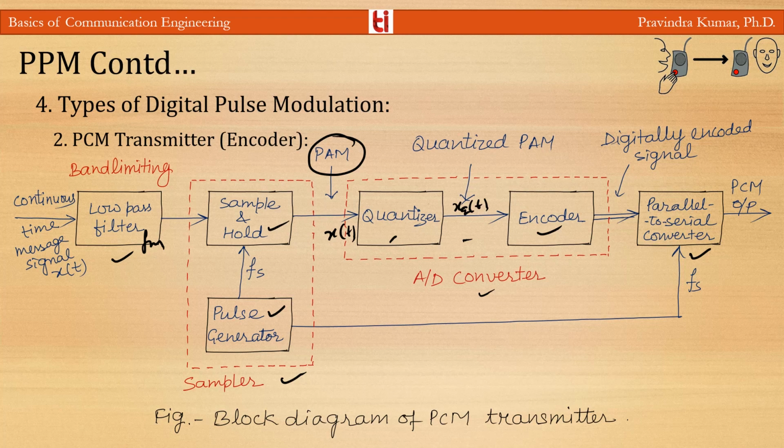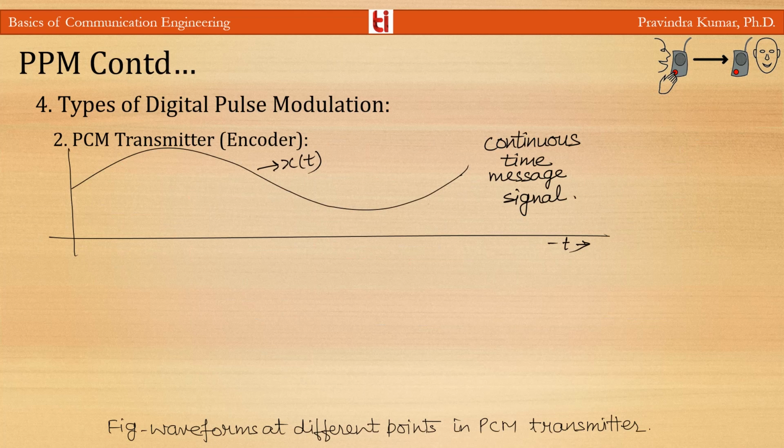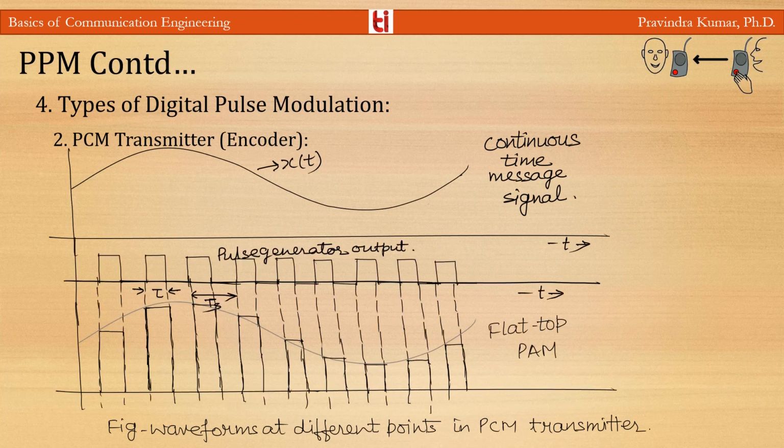The waveforms at the various points in the PCM transmitter you can see in your figure. Here this is the continuous time signal, and this is the pulse generator output, the train of pulses, and at the output of the sample and hold circuit it is the flat top PAM signal.